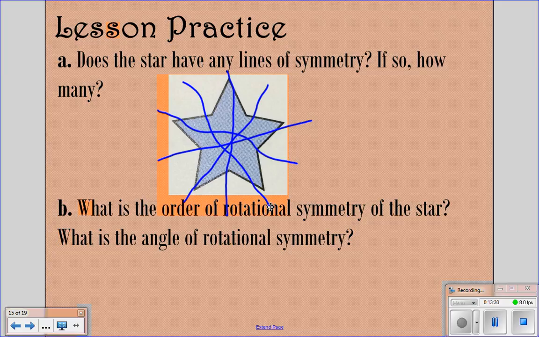And so that's 5 lines of symmetry. Okay? For the next one, the order of rotational symmetry is going to be 5. And so 360 divided by 5 is 72, and so that would be the angle of rotational symmetry.